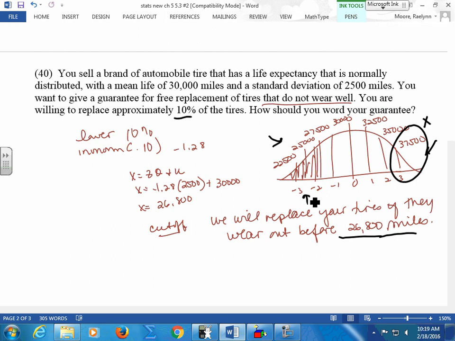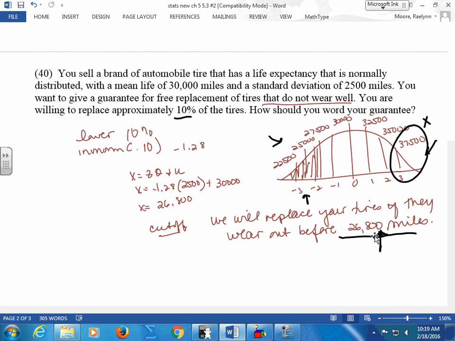No. So I say, well, okay, 10% puts me here. I'm okay with losing 10% of these. So if your tire wears out before it hits 26,800 miles, I will replace your tires. Free replacement. Okay? It's a nice way for you to check your tires. And you always should look for something like that.